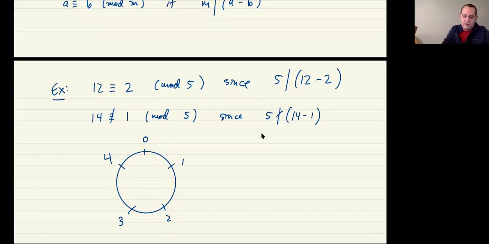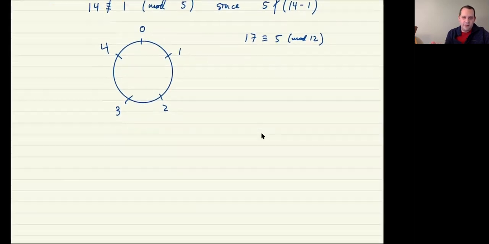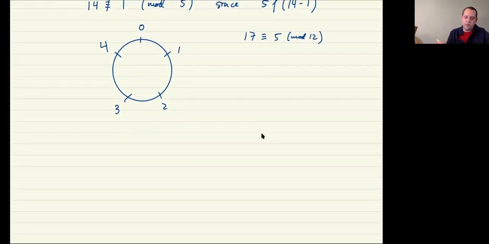Sometimes this is called clock arithmetic. Just to emphasize that, 1700 hours is 5 p.m. mod 12. Okay, so that's another example of a relationship of two integers being congruent mod m. I want to point out, why do we insist m is greater than or equal to 2?